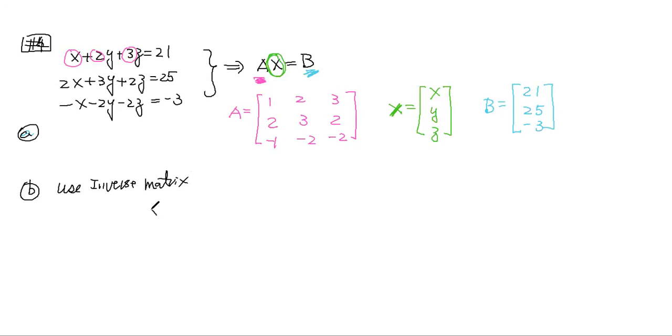So X can be A inverse times the B matrix. If you calculate by hand, that will be a pretty long calculation, so I'm going to show you how to use the TI-84. The first step is to create 2 matrices, A and B.